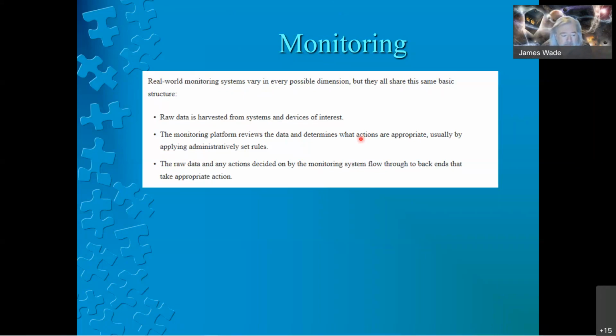But basically the main purpose of monitoring is that raw data is harvested from systems and devices of interest. The monitoring platform then reviews the data and determines what actions are appropriate. Usually some administrator has set a rule, and then the raw data and any actions decided on by the monitoring system flow through the back ends to take appropriate action.